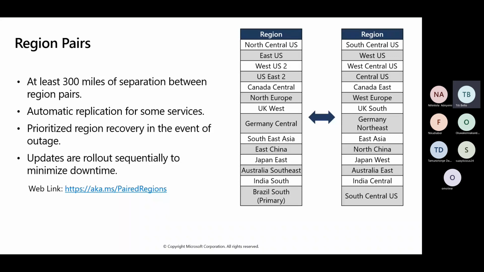If there is any outage within a region, they prioritize recovering that particular region. And updates are rolled out sequentially to minimize downtime.